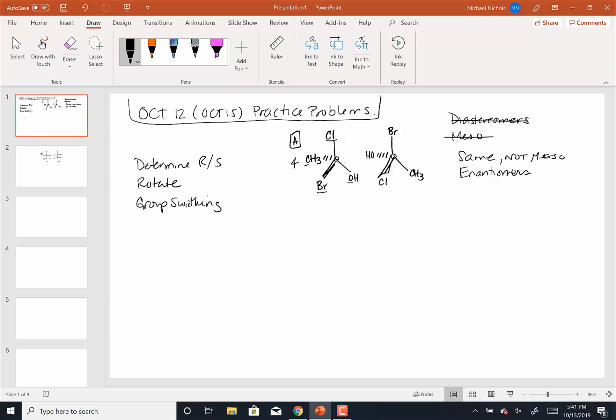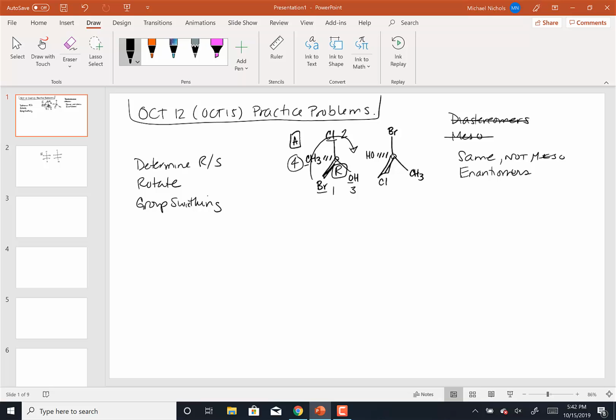Carbon is clearly number 4, bromine is number 1, chlorine is number 2, and OH is number 3. In this case, the number 4 group is away from me, and going from 1 to 2 to 3 is clockwise. So this molecule on the left is R.